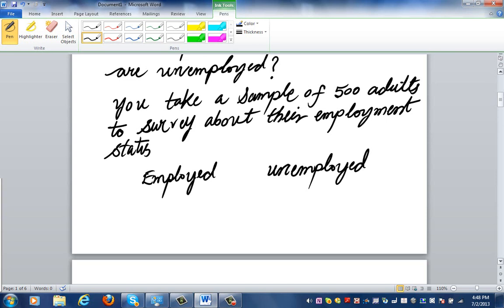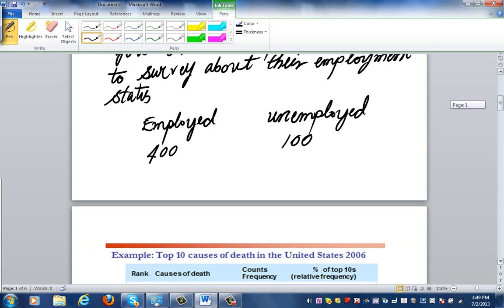Let's say the number of responses that were employed was 400, and the number that were unemployed is 100. Each one of these is a category, and this is another category.